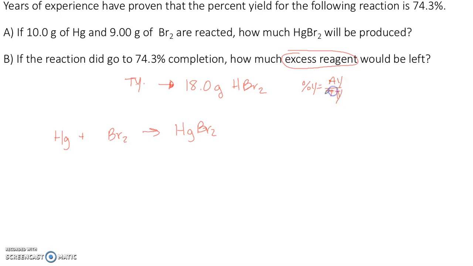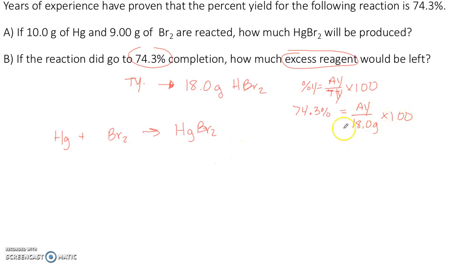Percent yield goes in for percent, actual yield is what we're looking for, and the theoretical yield is 18.0. That's how much we should make if it's a perfect world. So we plug it into this equation, and now we're going to solve for actual yield.